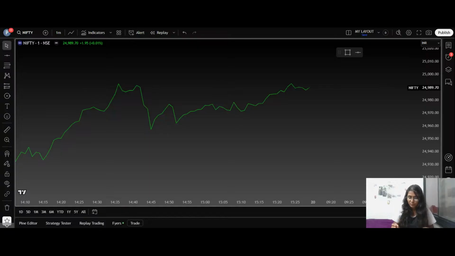A line chart plots prices as a continuous line, usually using the closing price of each period. It does not show open, high, or low like candlesticks do. Just a single price point per time.